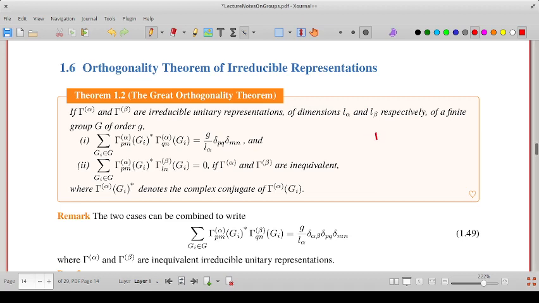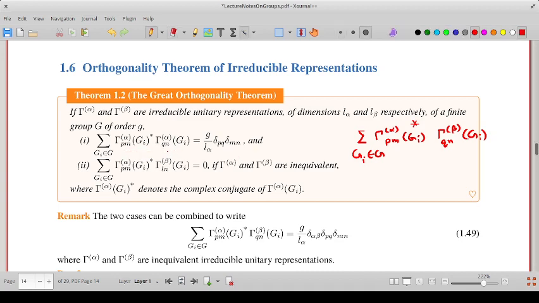Consider the PMth element of gamma alpha of Gi and take its complex conjugate, then multiply it with the QNth element of gamma beta of Gi. Then take the sum over all group elements Gi of the group.